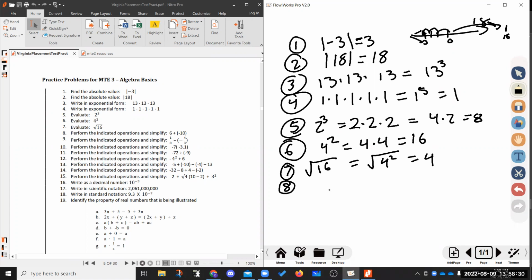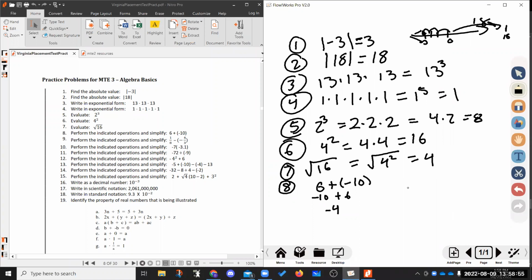Now we want to follow the order of operations: 6 plus a -10. When I add a negative number, that's the same thing as subtraction. But I'm just going to rethink this with the commutative property of addition, that that's -10 plus 6. So since the bigger number is negative, I find the difference between 10 and 6 is 4, and I keep the sign of the bigger number.